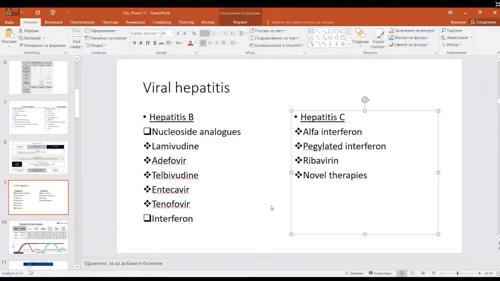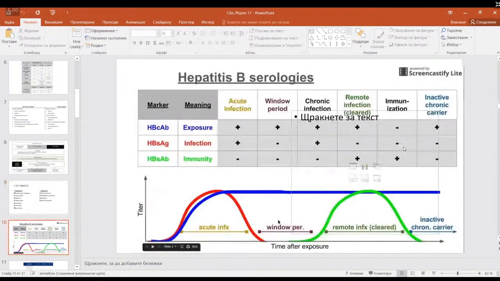And this actually solved the problem with hepatitis C to a great extent, and hopefully this will be the case also with viruses like HIV or COVID-19 or any other virus. Because the thing that was achieved with the therapy of hepatitis C is actually quite remarkable.